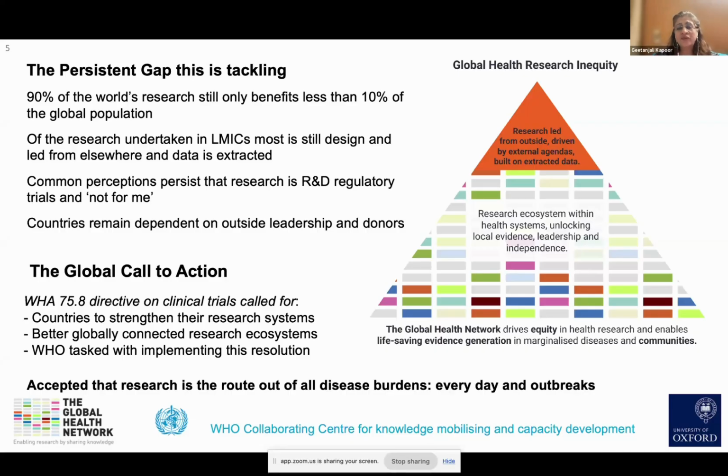So the aim of TGHN is to reduce these kinds of inequities by building research capacity even in the low and middle income countries. To this effect, even the World Health Assembly, in Resolution 75.8, called for countries to strengthen their research systems, and WHO was tasked with implementing this resolution.